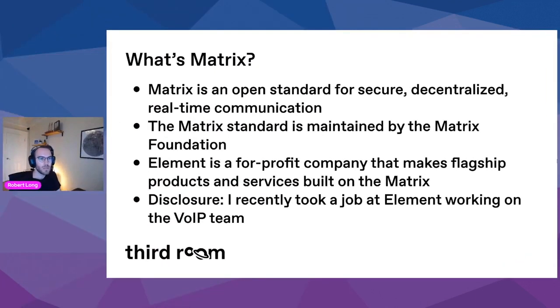So Matrix is an open standard for secure, decentralized, real-time communication. It's a chat API, but you can use it for all sorts of different types of chat. You can do text messaging, you can send files, you can do voice and video. You can host Slack-like communication rooms, or you can build out anything you want.